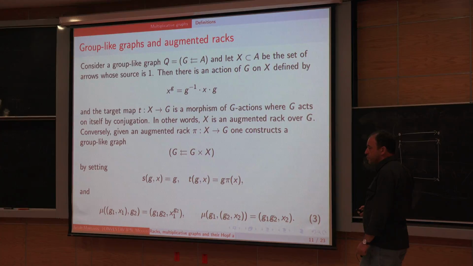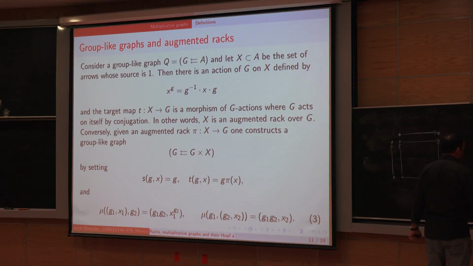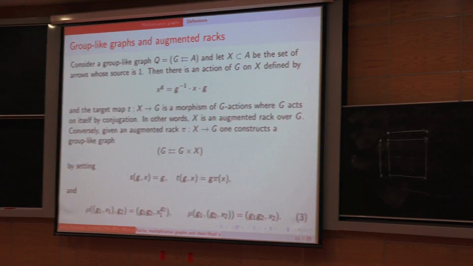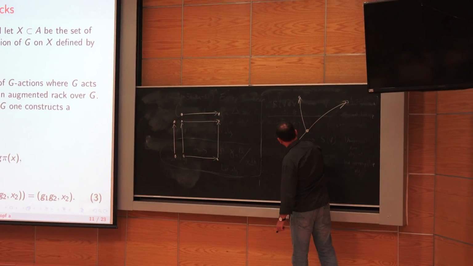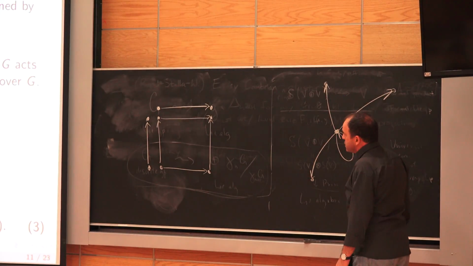That's the whole point. So if you have a group-like graph, we can consider the set of arrows that emanate from the neutral element of the group. So we take the identity in the group, and we consider all the arrows that start there. Well, there can be loops as well.